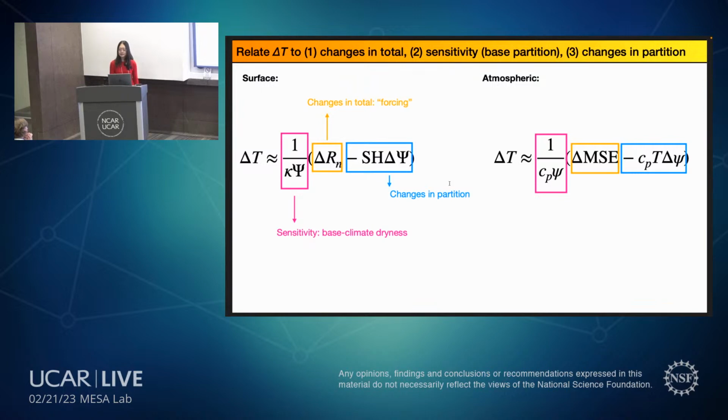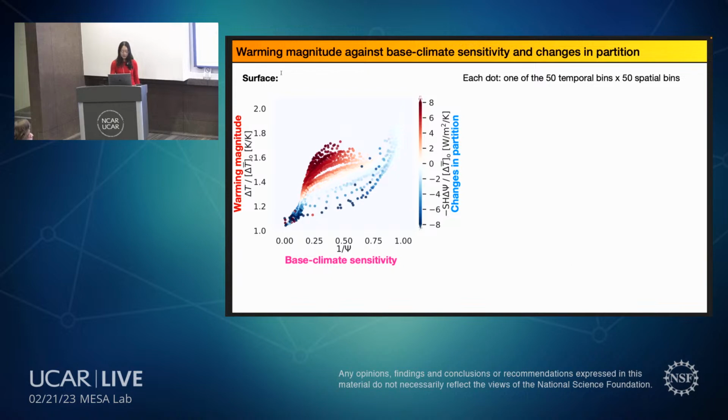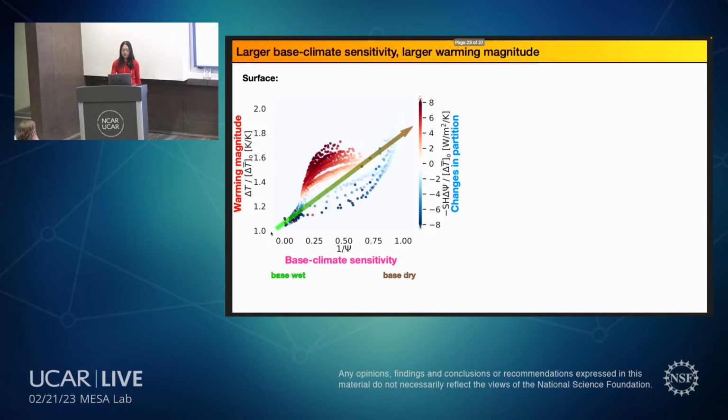So the idea is, given a certain change in total, how base climate dryness and changes in dryness will affect the magnitude of warming. And here, the y-axis is the warming magnitude, and the x-axis is the base climate sensitivity. The color is the changes in partition, and each dot is one pixel in the phase space that you've seen before. So we see a general relationship between the warming magnitude and base climate sensitivity.